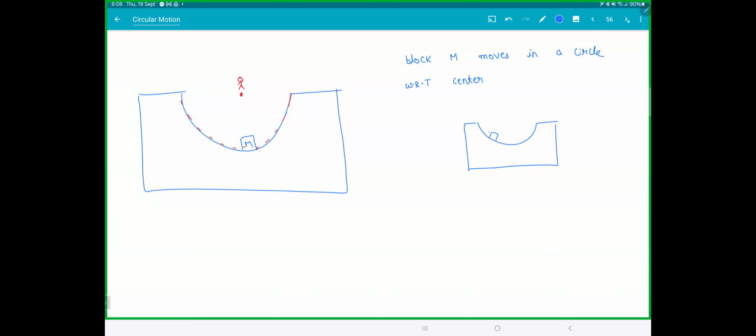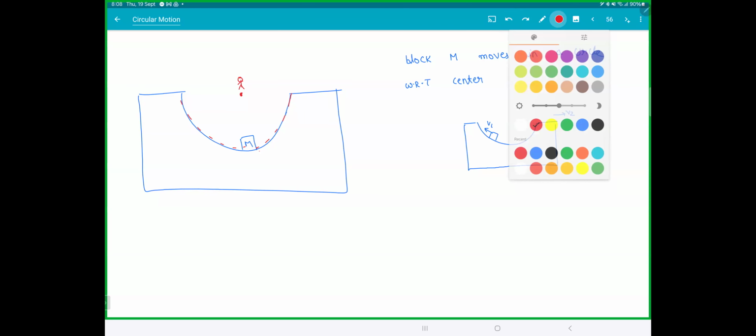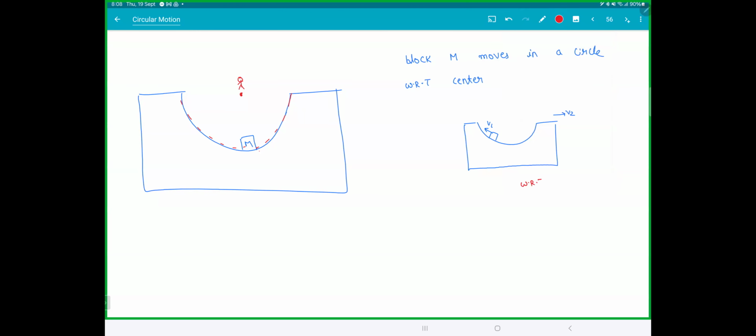When the body has reached here, it goes with some velocity v1, and the wedge is going with v2. This is not a circle in any case. It is going in some weird direction. So with respect to the ground, it doesn't go in a circle. Now, if it is not moving in a circle, I can't use Vt square by r.